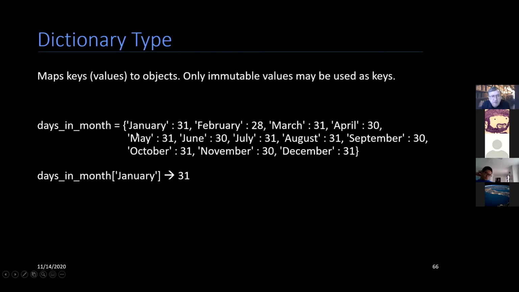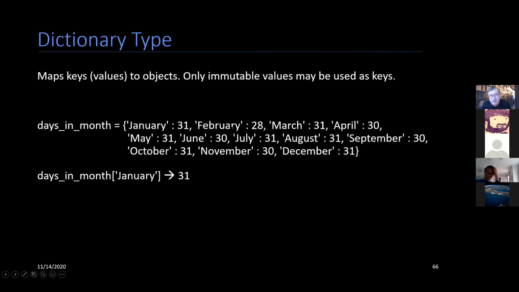So here's an example. If I wanted to store how many days were in each month, I would normally put them in an array, and I'd have to know that index 0 was how many days for January, index 1 was how many days for February. But with more of the hash table approach, January is the key that I use to look up how many days for January.